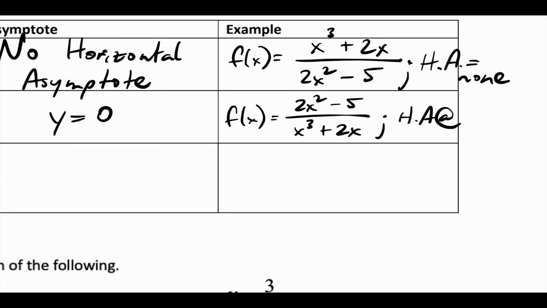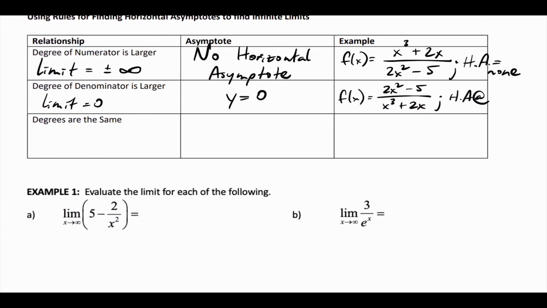What is the degree on top? 2. What is the degree on bottom? 3. Top heavy or bottom heavy? Bottom heavy. So if it's bottom heavy, we say the limit is 0. And where is the horizontal asymptote going to be? y equals 0.